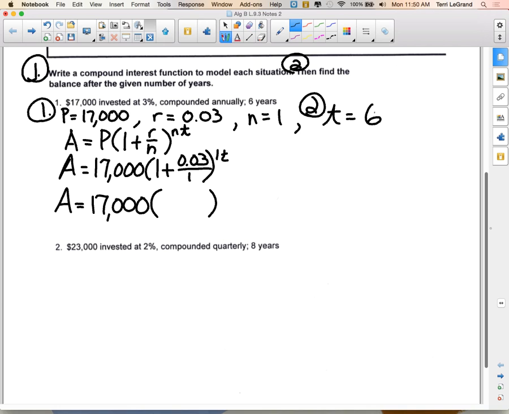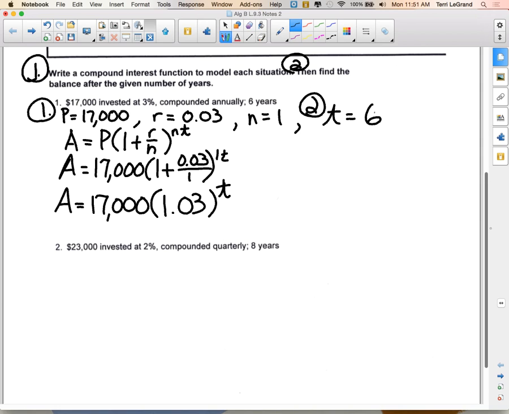You're using your calculator for this? 0.03 divided by 1 is what? 0.03. 0.03 added to 1 is? 1.03. Were you really using your calculator for that? Are you kidding me? No. Okay, and 1T, can that be cleaned up? Just a T, yeah, we don't really need it there in this one.